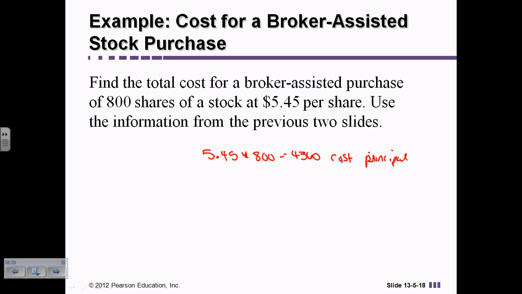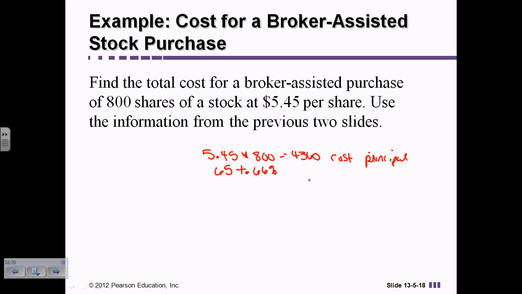So the commission, if you look at your chart, for $4,360 is $65 plus 0.66% of the principal.